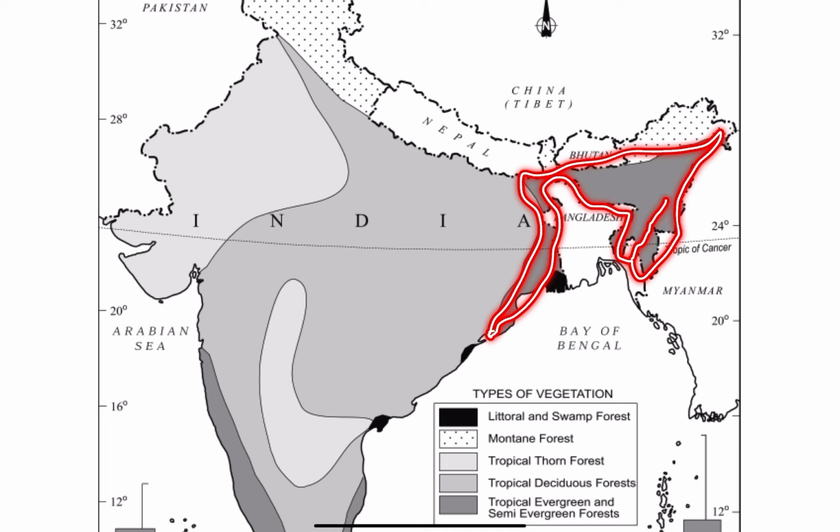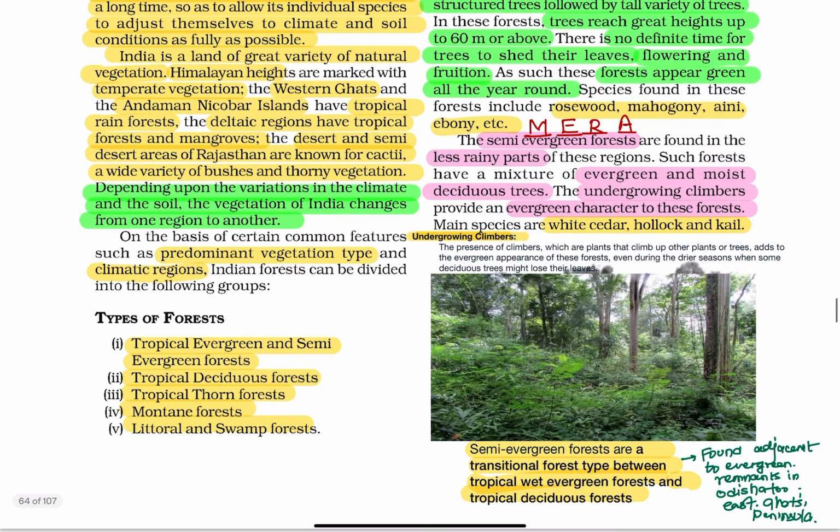But maybe the rainfall here is different from the rainfall pattern here. So here the rainfall, let's say, is more, so you'll find the tropical evergreen. Here, let's say the rainfall is comparatively less, so you'll find the semi-evergreen type of forest. So the temperature and the rain are a bit different here. The less rainy part of the region is semi-evergreen, and the more rainy is the tropical evergreen forest.